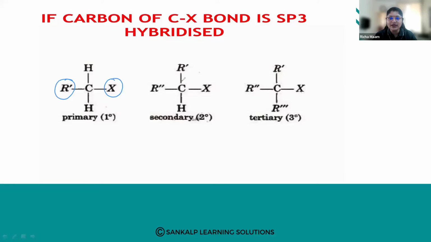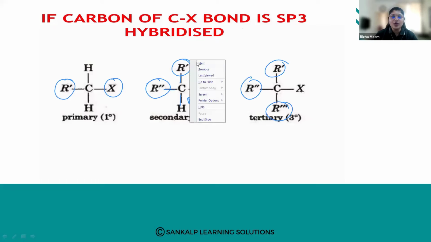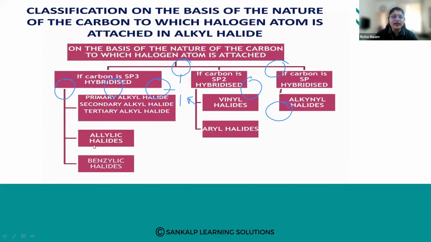Here the halogen atom is attached to a carbon with two alkyl groups, so it is called secondary. The nature of the C-X bond is sp3 hybridized, because they have single bonds. Now here the halogen atom is attached to a carbon with three alkyl groups, so it is tertiary.